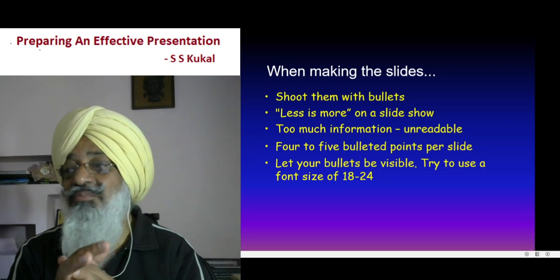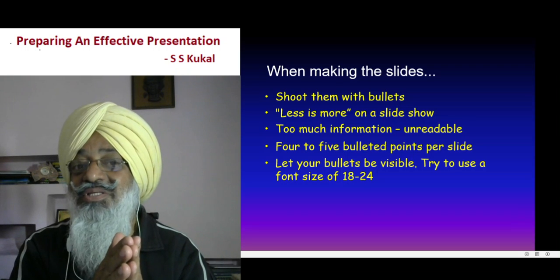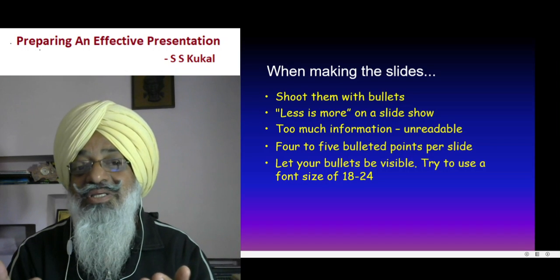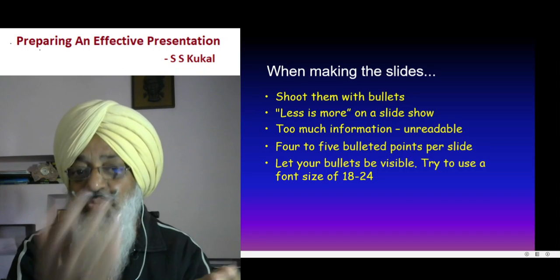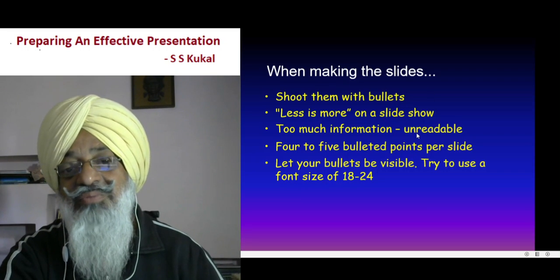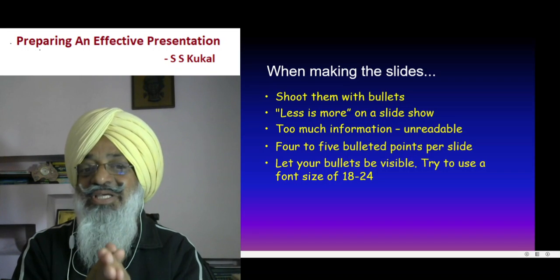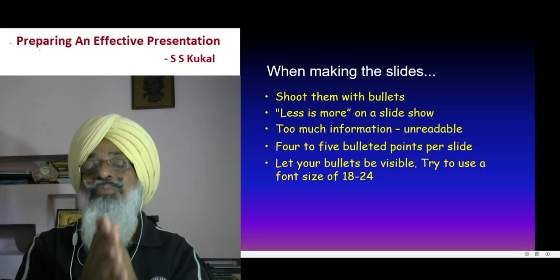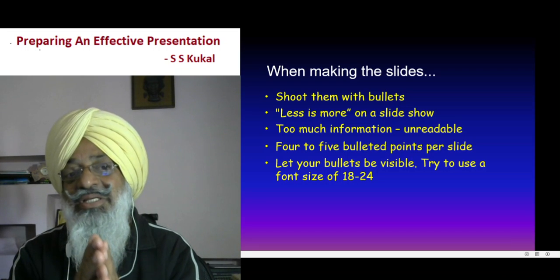You have to speak, because you are going to impress the audience. Your slides are not going to impress the audience. You have to explain to the audience. So it's always better that the slide has less and you speak more. You reinforce it. If you have too much information on the slide, it becomes unreadable, the font size deliberately becomes small, people lose their interest, and nobody reads big paragraphs on your slides.